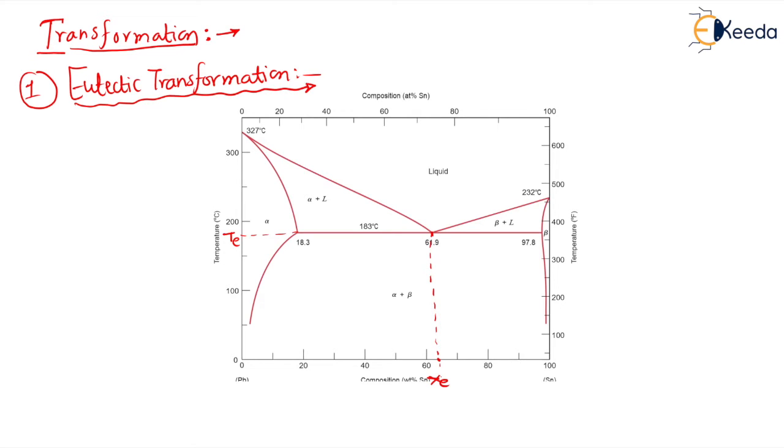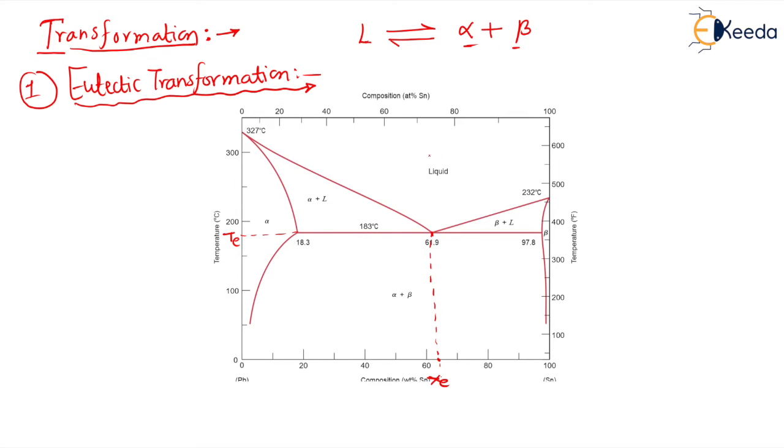So dear students, in the eutectic reaction we know that liquid undergoing cooling, or heating, is going to give us two solid phases, that is alpha plus beta, two solids. Liquid undergoes cooling to give the two solids.